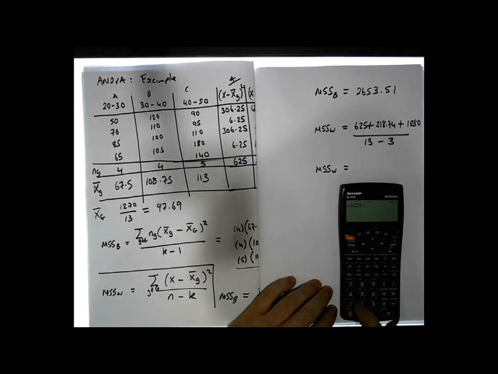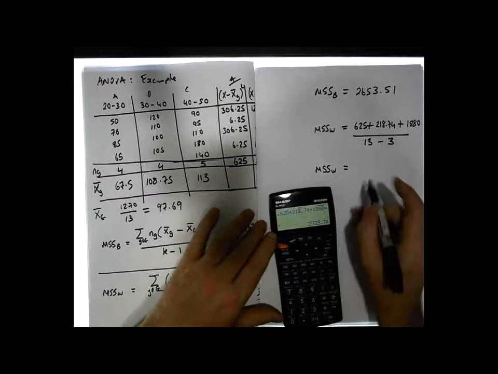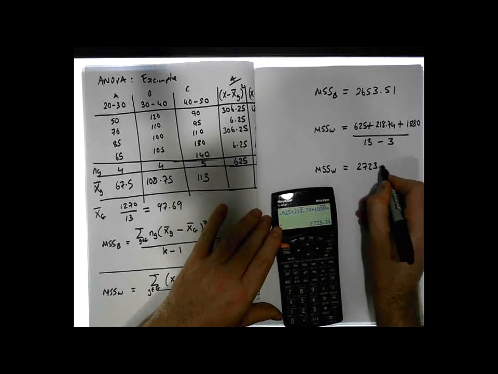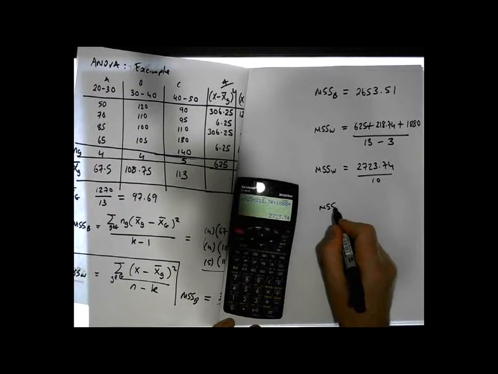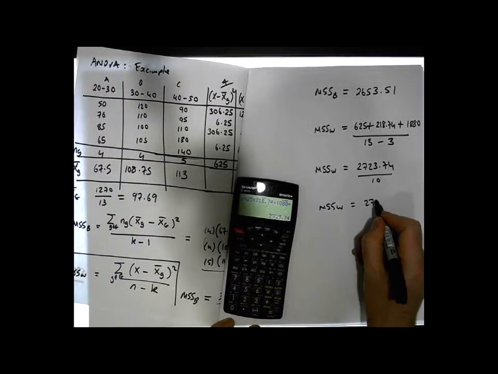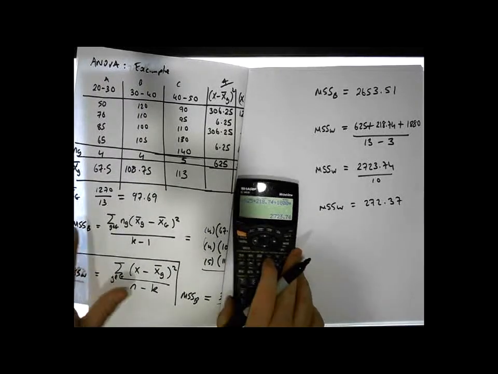That gives us 2723.74 divided by 10, so our mean sum of squares within measure is 272.37 when we round to 2 decimals.